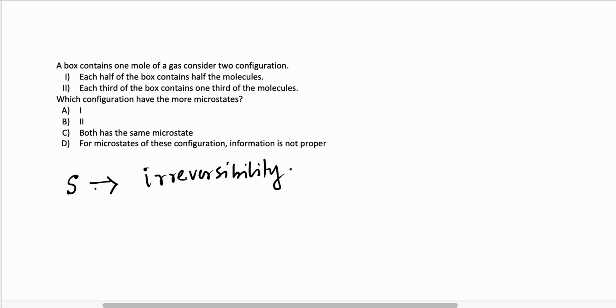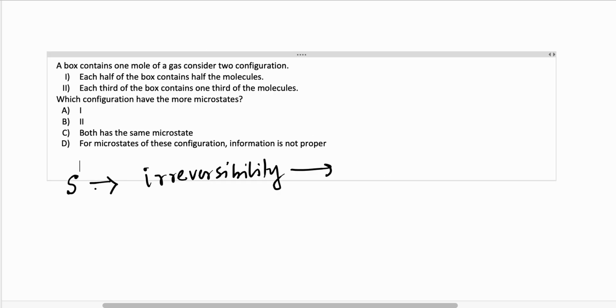That means if you did something but you can't reach the initial condition, then the thing is called irreversible. You can't just do everything backward and reach the same initial condition. That is called irreversibility.